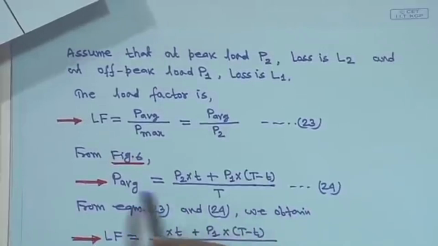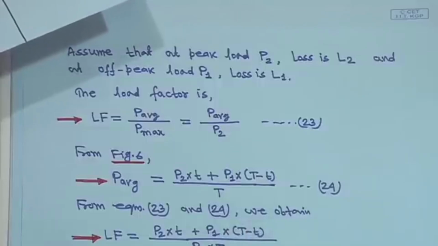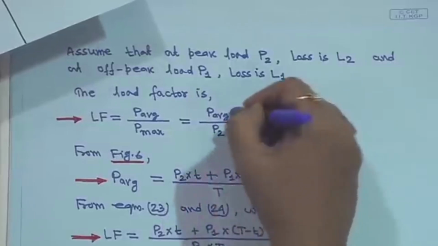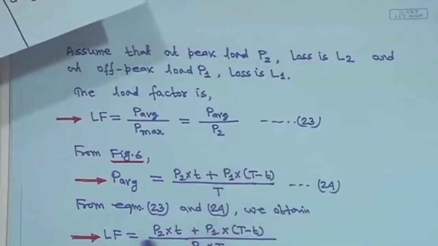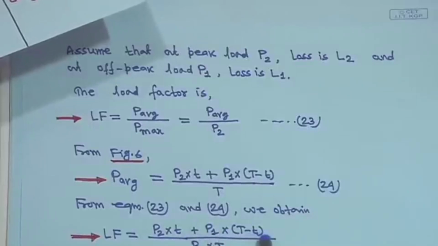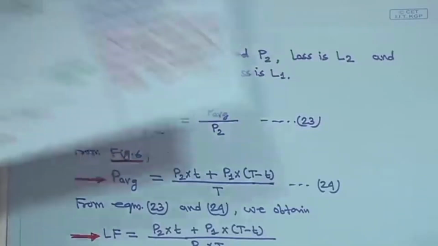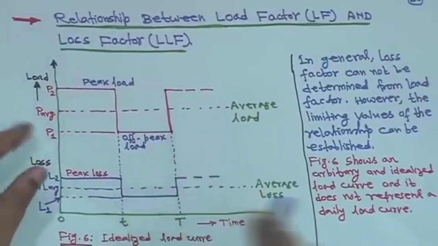So, that is your P average. Therefore, from equations 23 and 24 we obtain the load factor, you substitute P average here, then load factor is equal to P2 into t plus P1 into capital T minus small t divided by P2 into capital T, right. I hope this part is understandable to all of you, right.